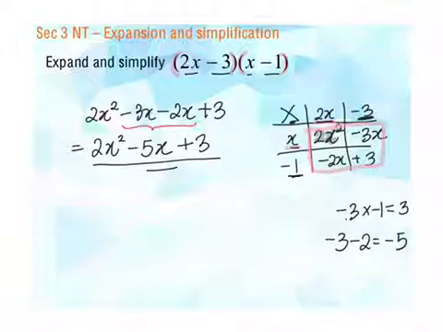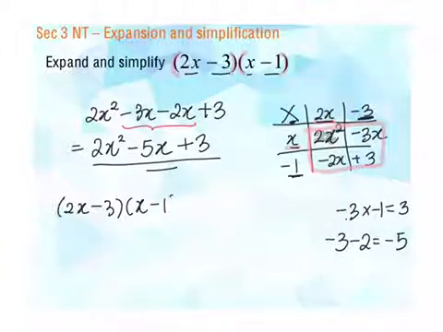Now that was the first method using the tic-tac-toe. The second method, that some of you might prefer, is to use the rainbow method. We will have 2x - 3 times x - 1. That will be 2x times x, 2x multiplied to x, and that gives me 2x squared. Please do not do addition, it is multiplication.